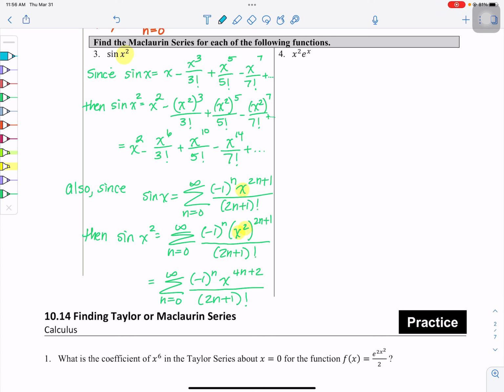Okay, look at this one: x squared times e to the x.